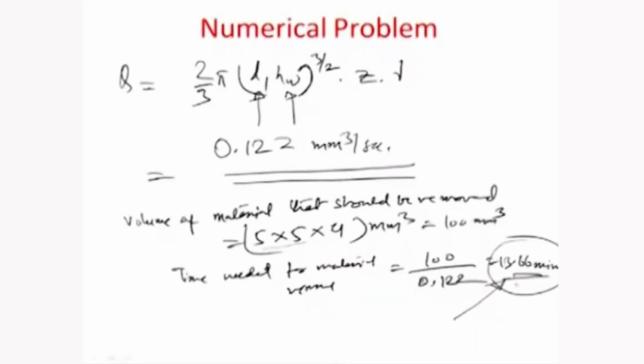Okay. So, this is theoretically predicted time. We should mind that it is a theoretically predicted time, but if you look at the actual time of the process, the actual time is much more than the theoretical time, because we are assuming that this process is 100% efficient.